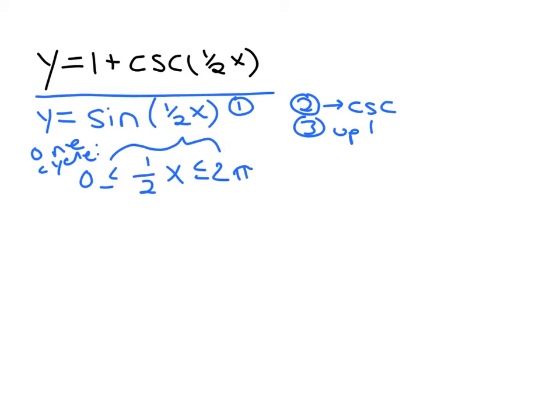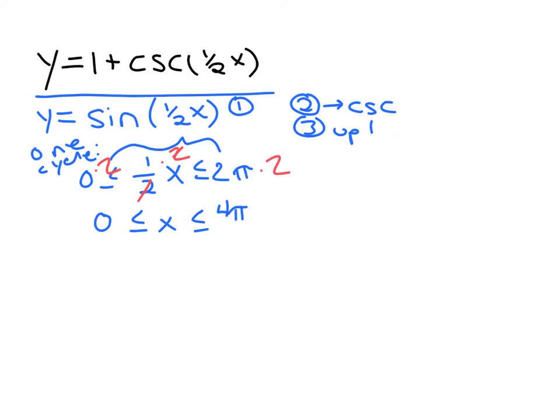Okay, so the only thing I need to do to get x by itself is to multiply each part of this 3-part inequality by 2. That way that'll cancel the denominator here, and in the middle I'll just have x. Okay, so that makes these outer values 0 times 2 is still 0. 2 pi times 2 would be 4 pi.